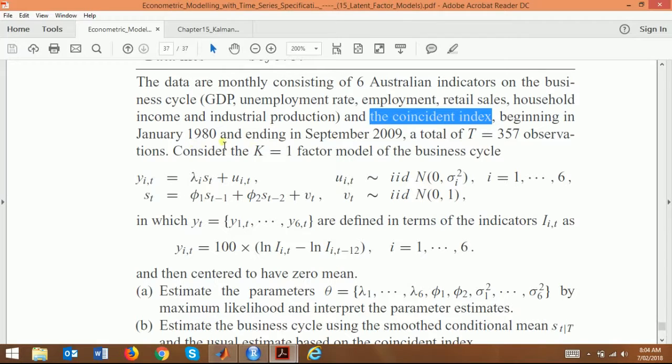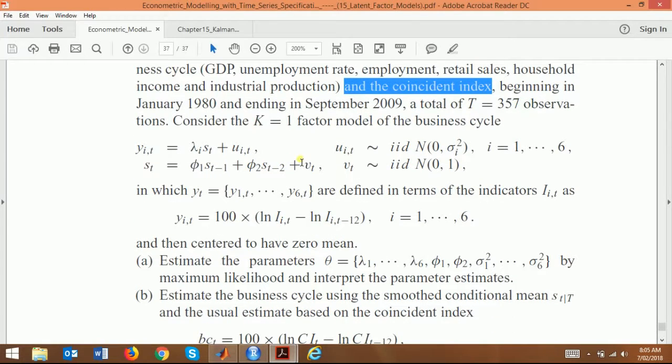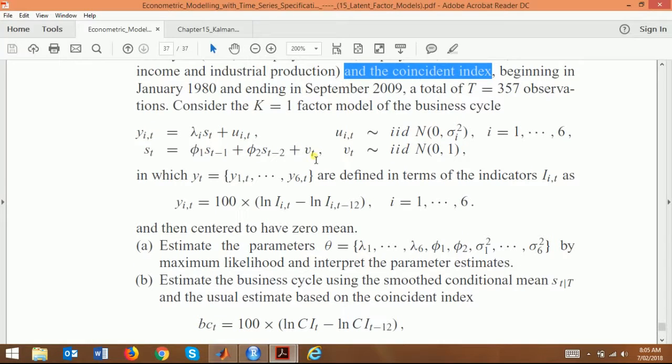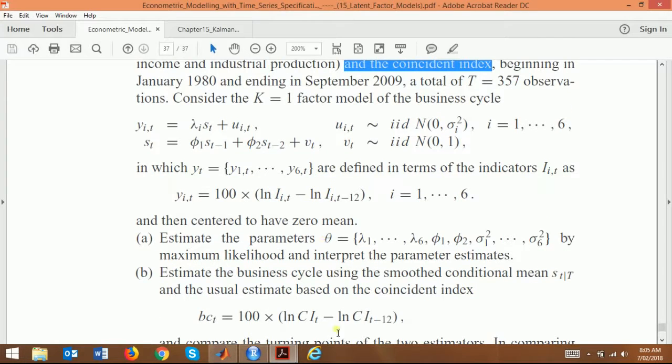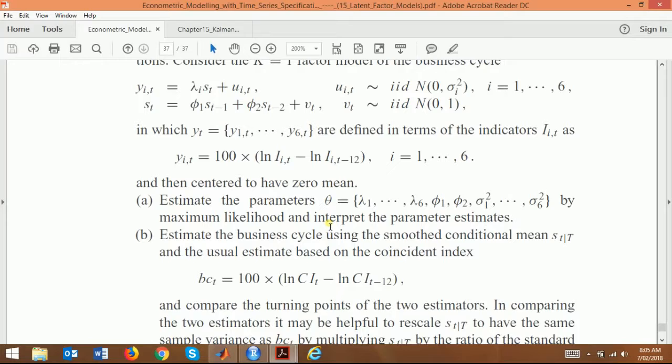Beginning in January, consider GDP, unemployment rate, employment rate, retail sales, and household indicators. We have 6 indicators and a coincident index, CI_t minus 12.